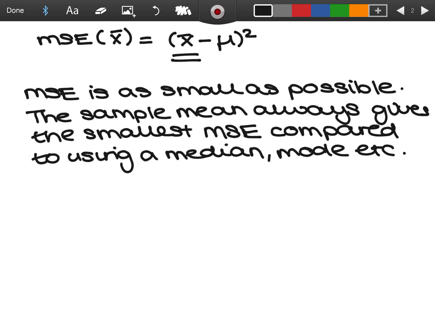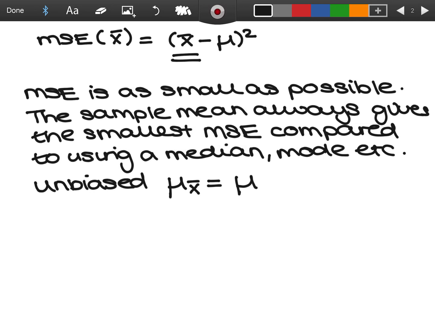What that means is when we take the mean of the sample means, or let's say the mean of all of the sample medians, we should end up with the population parameter that we are trying to estimate. So in our case, the mean of the sample means equals the thing that you are trying to estimate, that population mean.